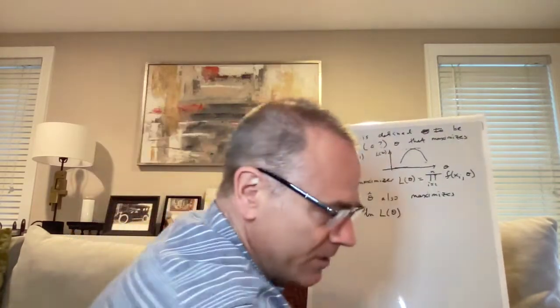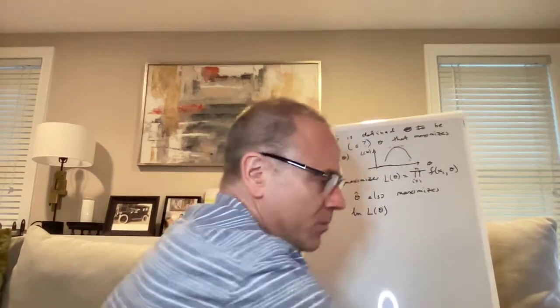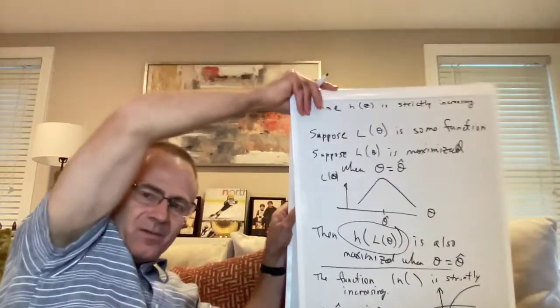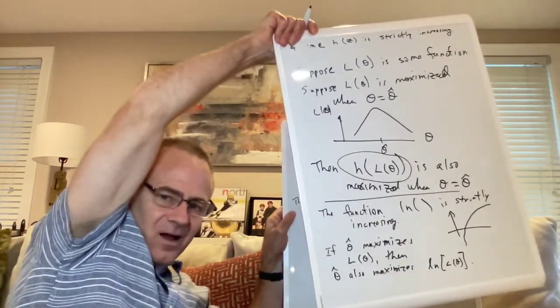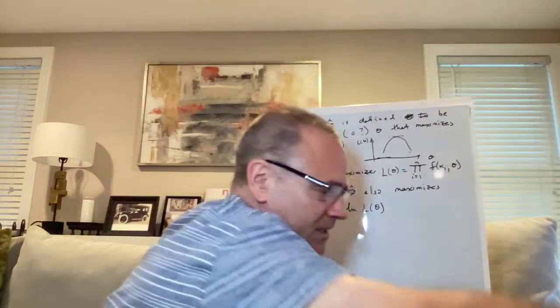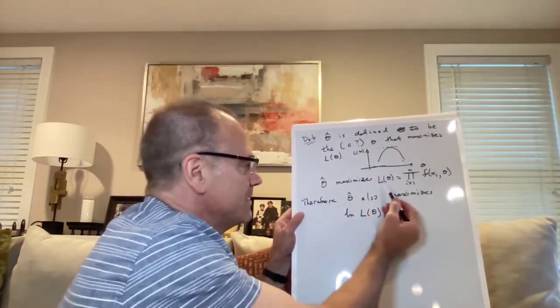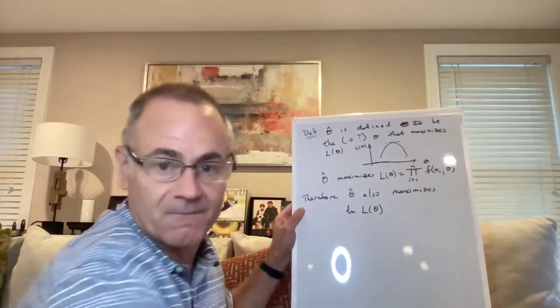The reason, as in the former board from lecture 1.5, is that if log is a strictly increasing function and theta hat maximizes L of theta, then theta hat also has to maximize log of L of theta.